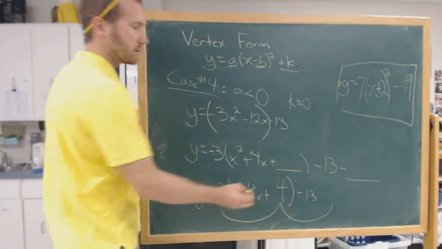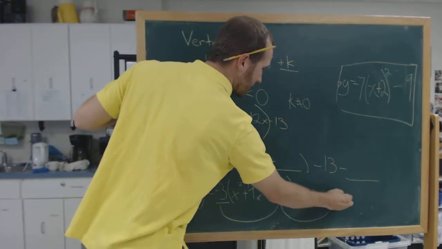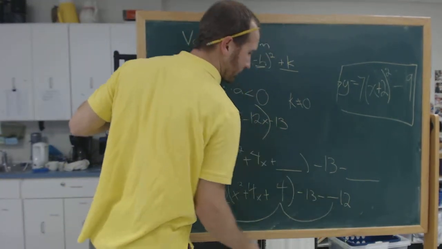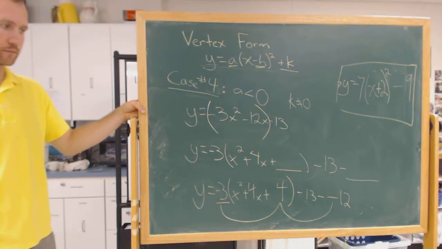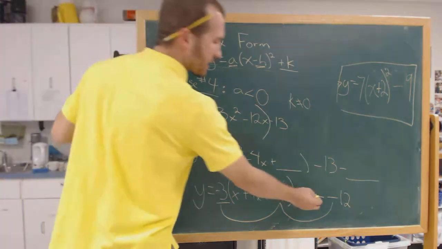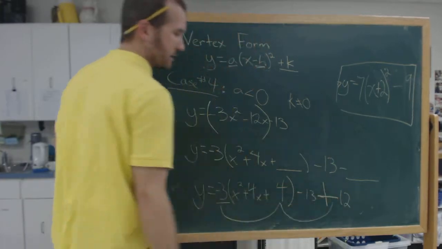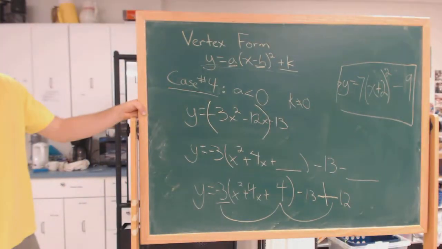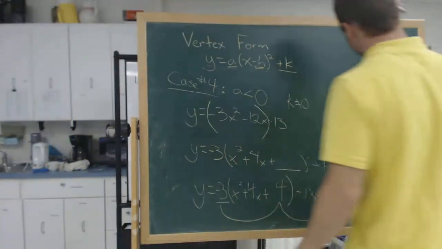So I have minus 12, minus a negative 12. And just because I don't like minus a minus, I'm going to rewrite that as plus 12. That's a beautiful plus. It's a huge plus. Disproportionately large.